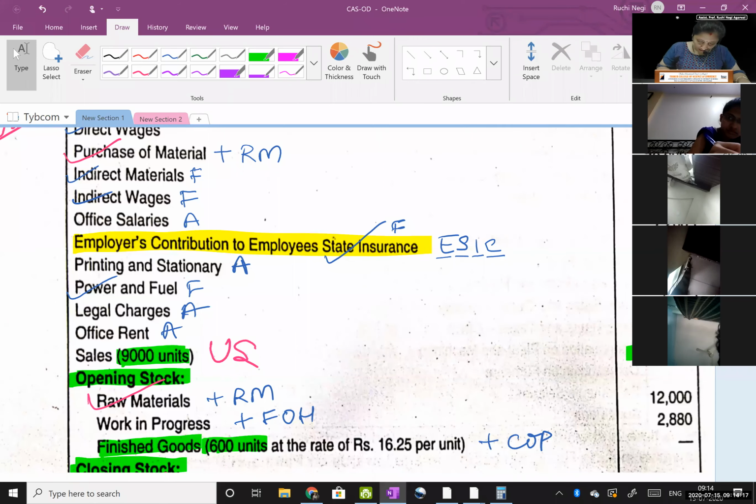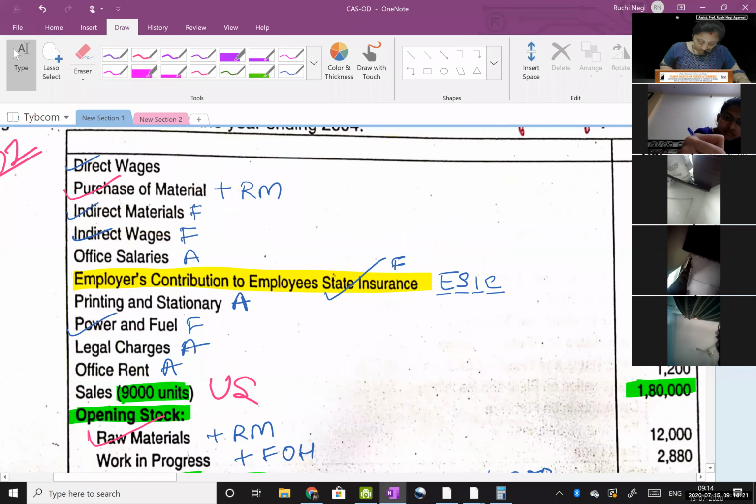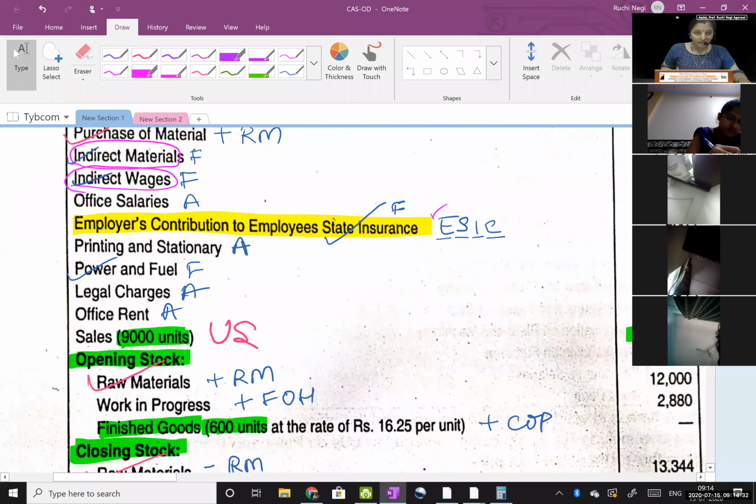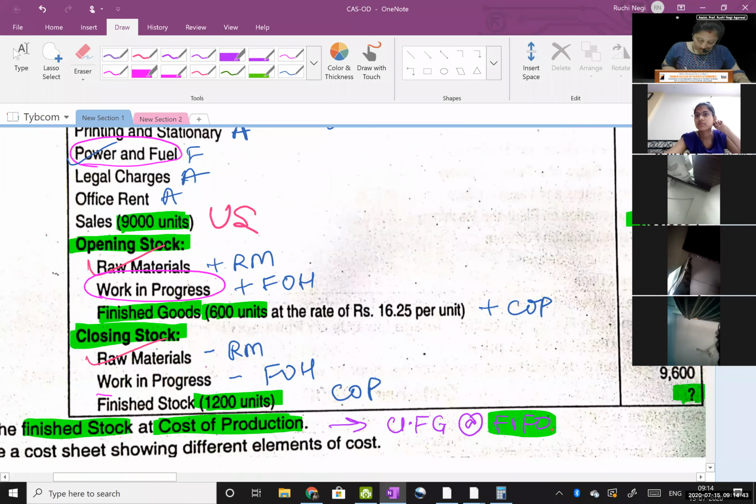We have indirect material, indirect wages, ESIC, employer's contribution to state insurance, which I had discussed. Then power and fuel, then opening stock of WIP, and then closing stock of WIP. So these are all the items related to factory overheads.